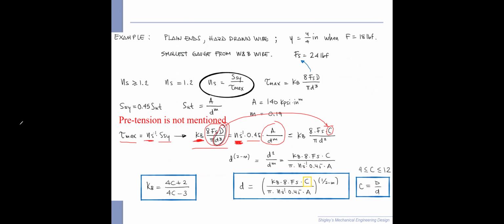So finally we get d to the power of 2 minus m equals D squared divided by d to the power of n.